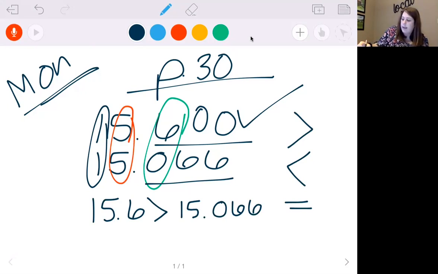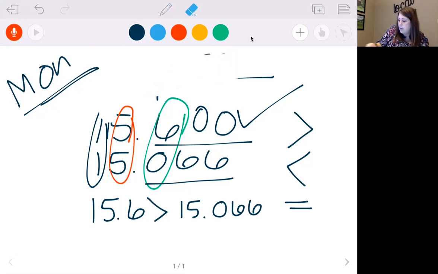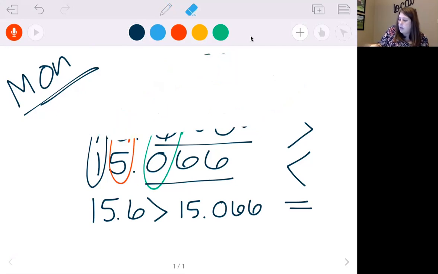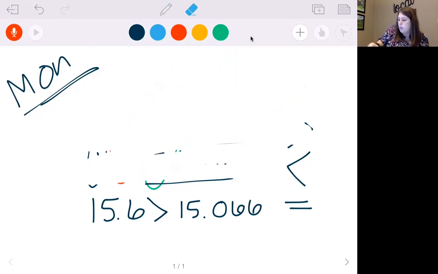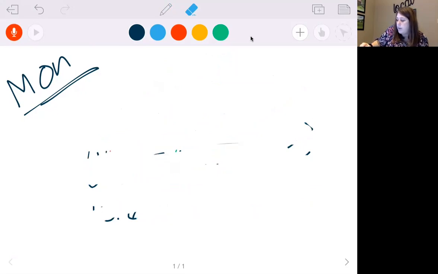Let's look at something like this. Let me erase this. All you're doing is looking at place value. That's why we spent so long on place value and expanded form. We did all of this so this would help you order and compare.